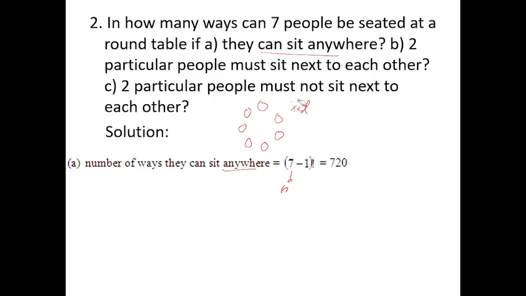Okay? O, letter B, two particular people must sit next to each other. Yung dalawang tao daw, dapat laging magkatabi, baka couple sila, no? So, these two become one.